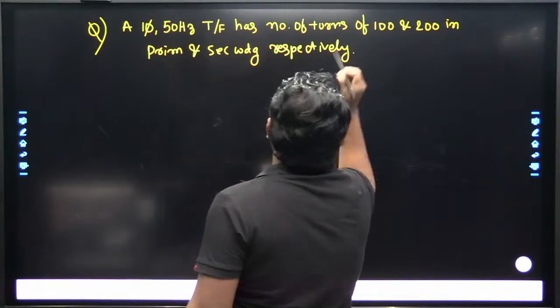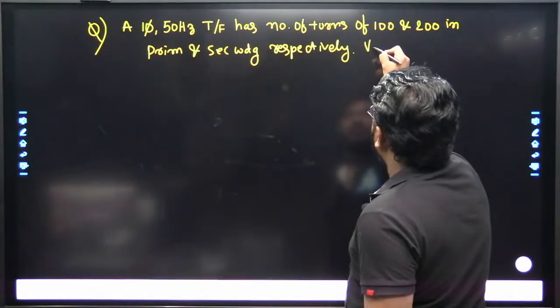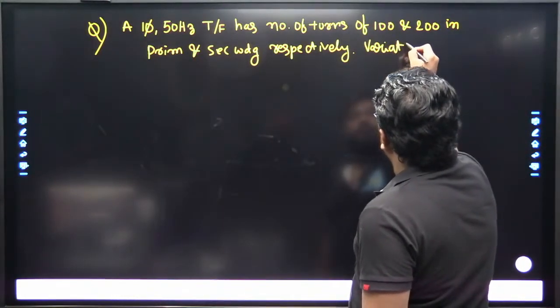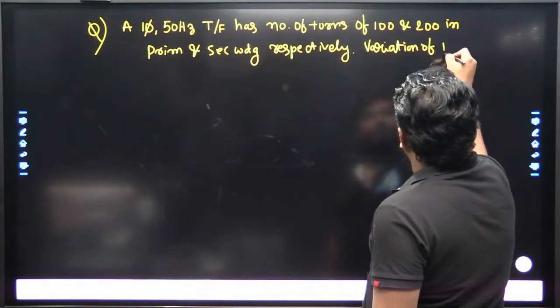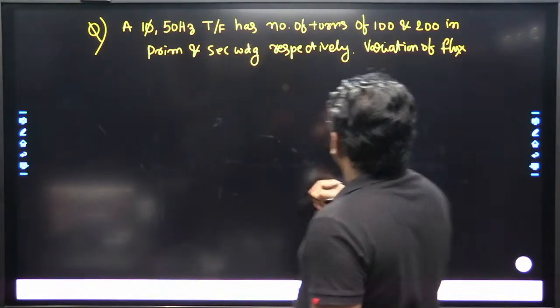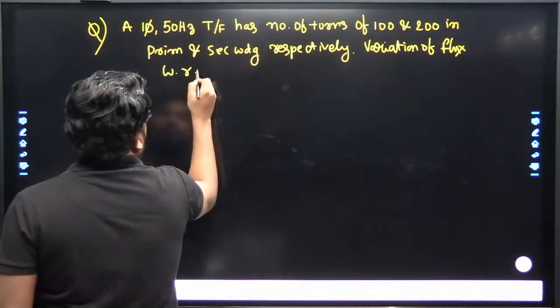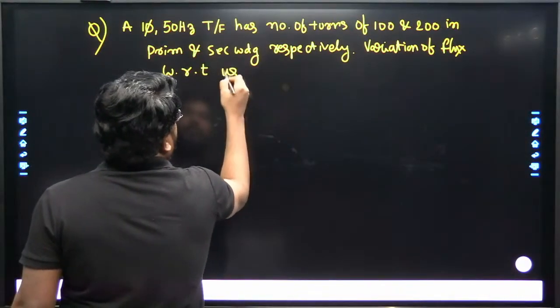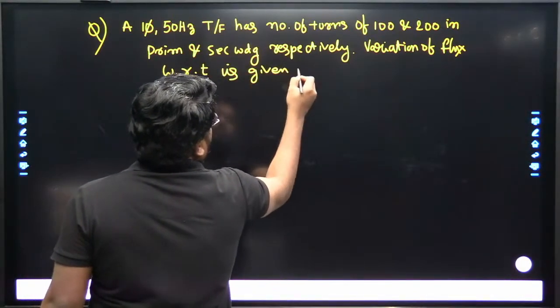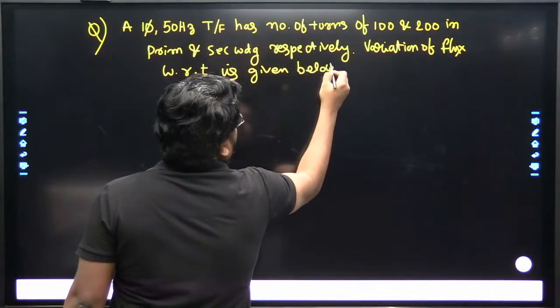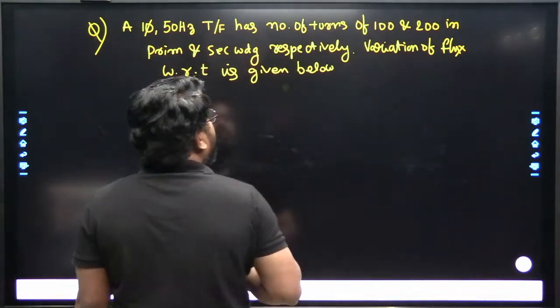The variation of flux with respect to time is given in the figure below.